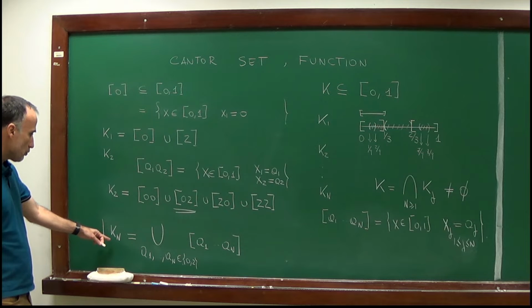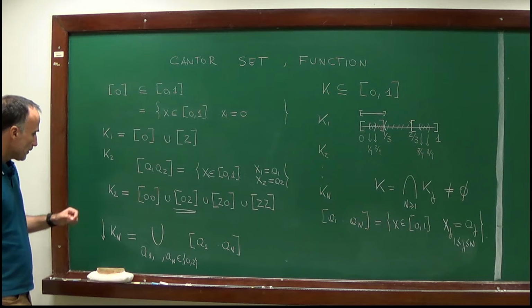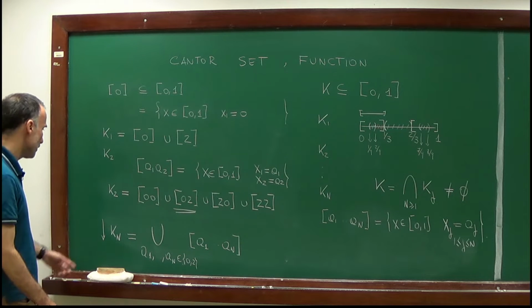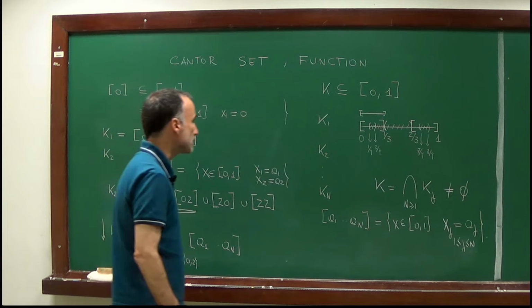So these are closed sets. They are decreasing, and so let me call K the intersection of all these Kn's.